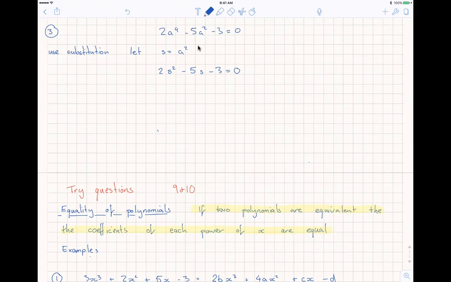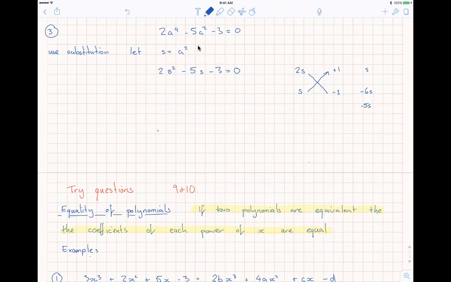You could use the quadratic formula to find the solutions here, but in fact it's going to be better to use the cross method, because if we have a look here, oops, not x, it was s. Multiplying that cross there, we get s and minus 6s, which gives us minus 5s.